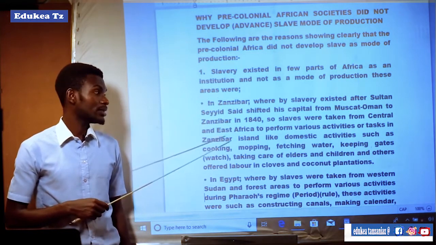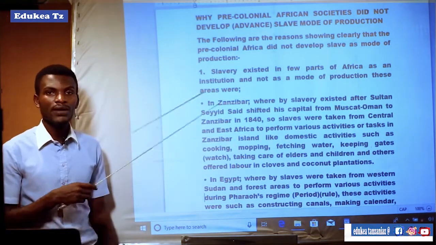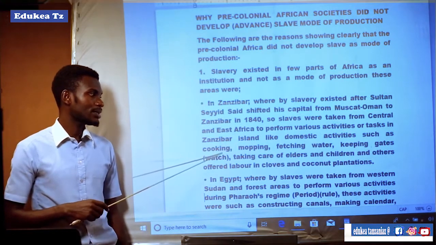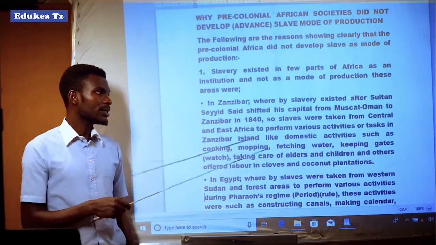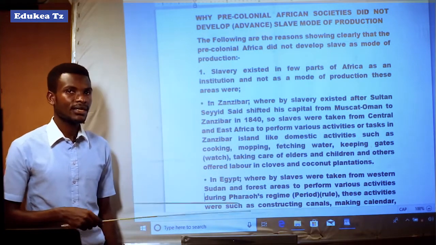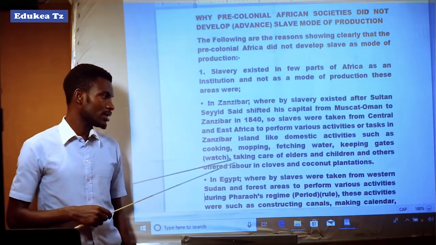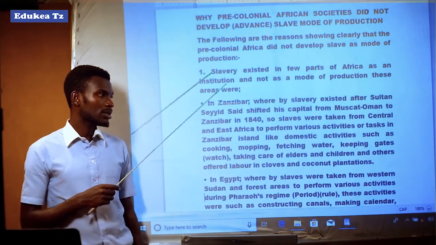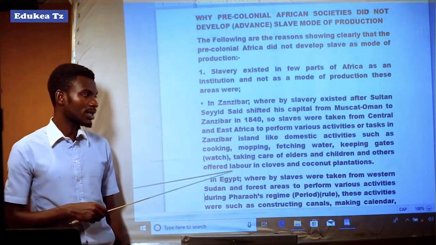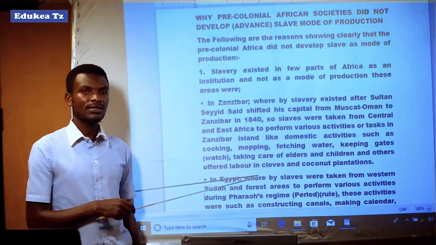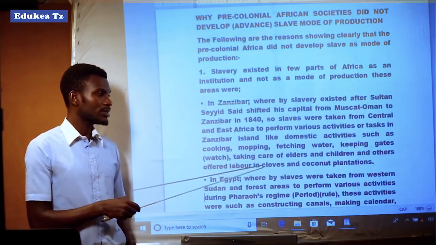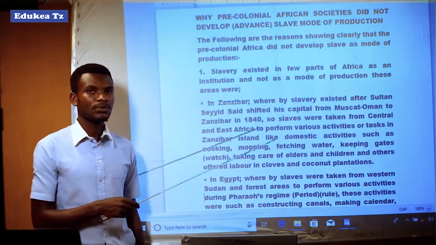of the Sultan in Zanzibar, and they performed various activities such as cooking, mopping, fetching water, taking care of elders, keeping gates or watchmen, and taking care of children, as well as participating in activities in the clove plantations and coconut plantations.